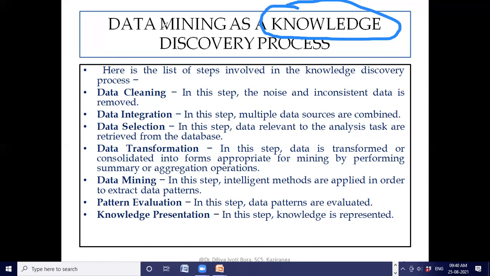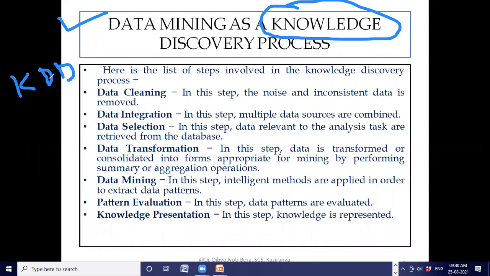Now, this particular slide talks about data mining as a KDD process. Remember the term KDD. What does KDD stand for? Knowledge discovery in database. You know that we keep data in the database, we are just keeping it, no matter that it is growing every day, every hour, every minute.